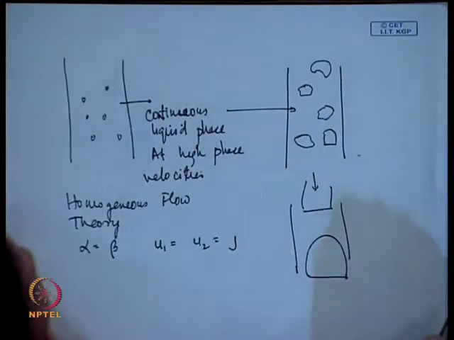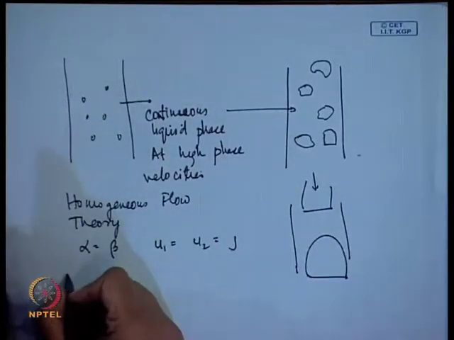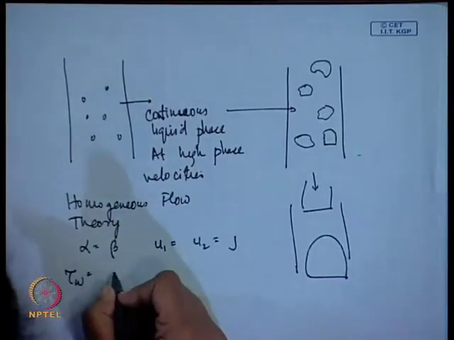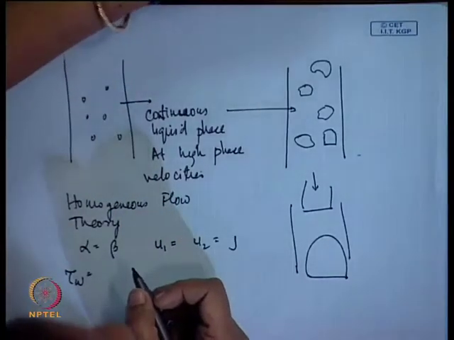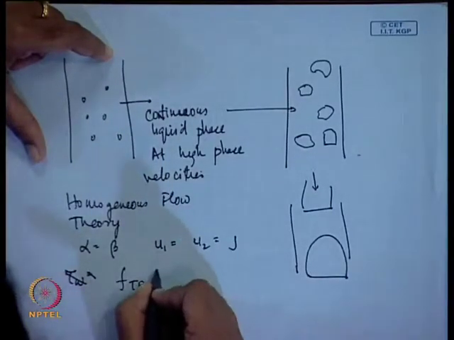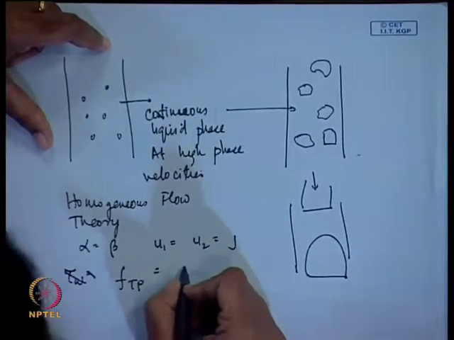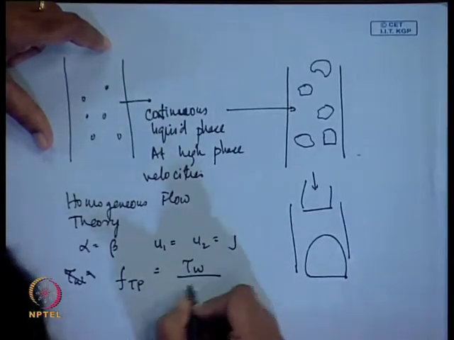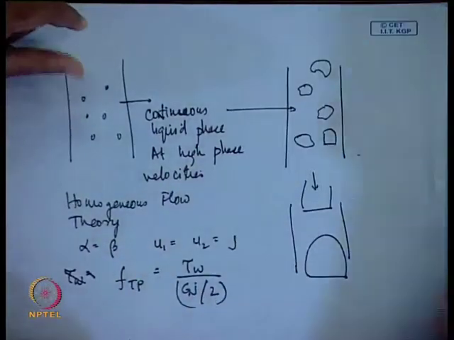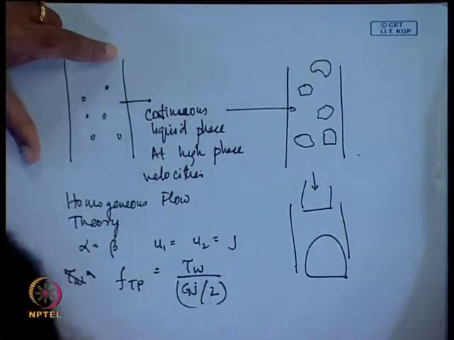Under such circumstances, what do we know? We know that tau w can be written in terms of f two phase, the two phase friction factor, as tau w by G j by 2. Okay. Under such circumstances we can find it out.